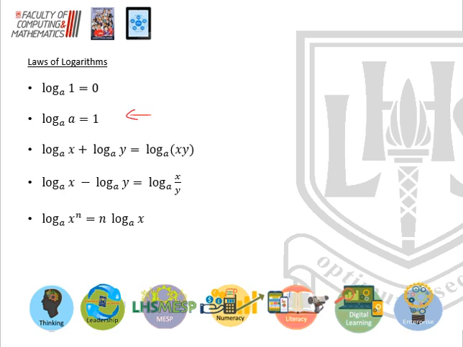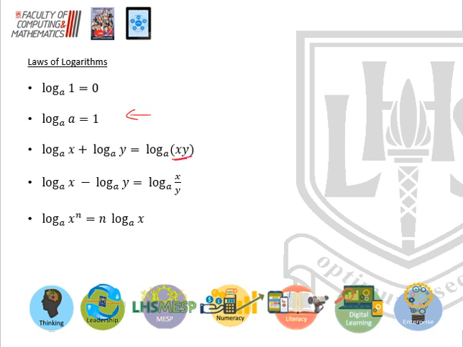Now the next 3 are all very closely related to the laws of indices. We're talking about powers in a kind of inverse way, but we're talking about powers. So we know that when we're multiplying with powers, we're adding the powers. It's the same, but the other way around here. When you are adding 2 logs, that really means you're multiplying what's in there beside the base.